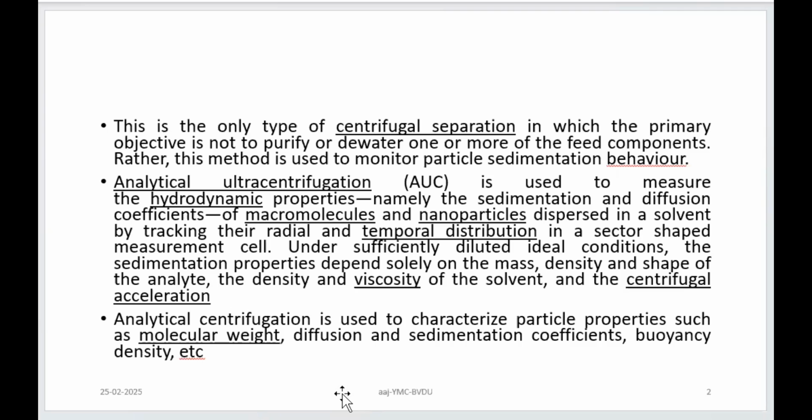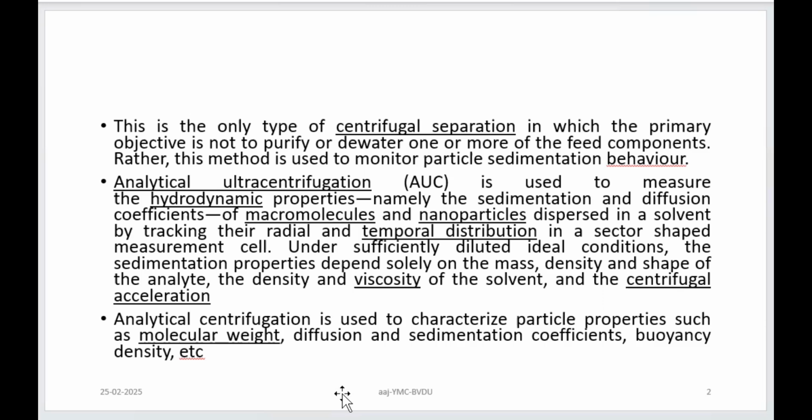All right. So the way that a particle moves and sediments, the sedimentation behavior, is utilized to characterize the molecule. So when I say analytical ultracentrifuge, what we are going to measure is, in the given solvent system, say for example a water based aqueous system, the particle is sedimenting.